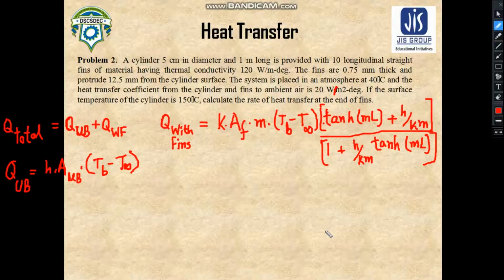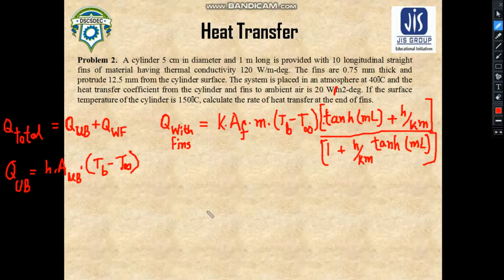Okay, so at steady state the conduction heat transfer rate equals the convection heat transfer rate from the tip of the fin. So with the help of the two boundary conditions you should derive this heat transfer rate, or there is always a way if you can remember this. But still, if you are not interested in remembering this huge formula, then you can always start from the fundamentals, so that you can arrive at this formula and do the relevant calculations.